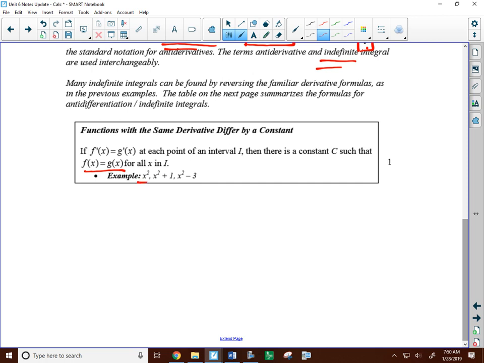All of these functions have the same derivative, 2x for each of them. So they all differ by a constant. This constant is 0, this one's 1, this one's -3. So if functions have the same derivative, the original functions will differ by a constant.